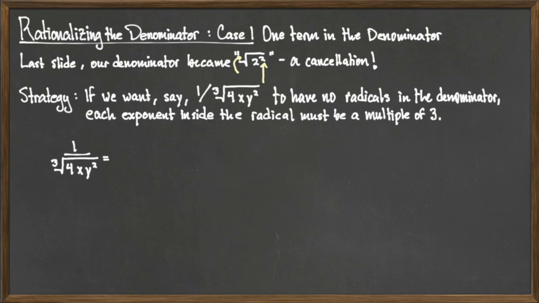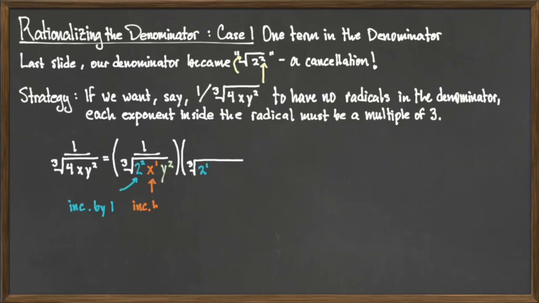The first thing I'll do is take every single thing inside the radical and write it as a power of something. I can rewrite the inside as 2 squared, x to the first, y squared. Now everything has some kind of exponent. But here I want everything inside the radical to have a power of 3. So what if I increase the power of 2 by 1, increase the power of x by 2, and increase the power of y by 1?